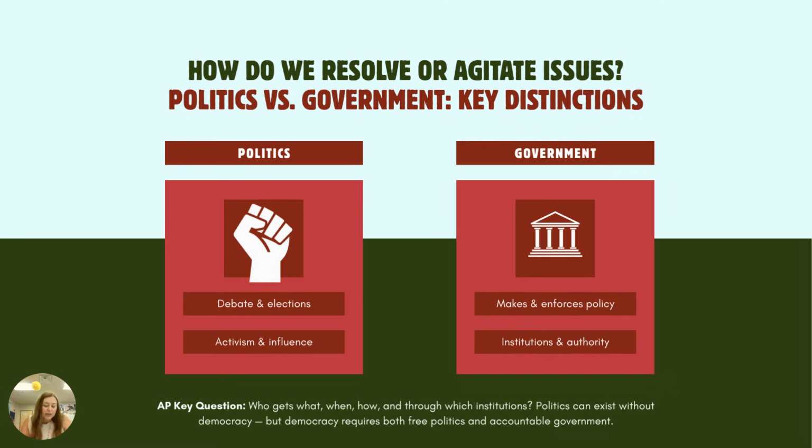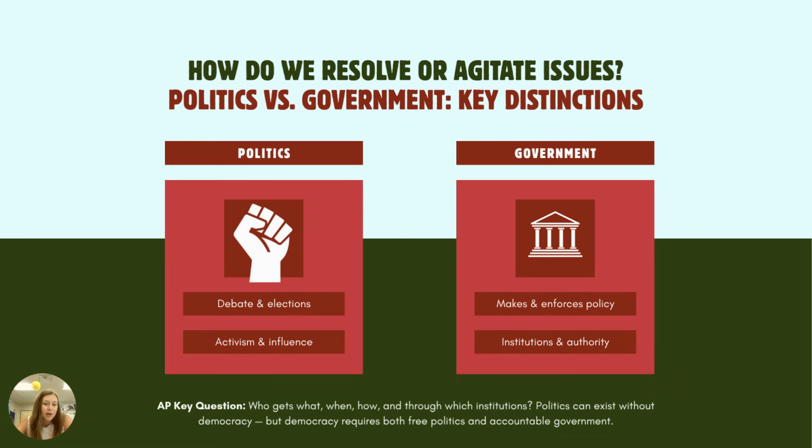Now, can you have politics without democratic government? Yeah. I mean, other forms of government do have politics. But if we want to have a government that represents the people, politics and government have to be very tightly connected in a way that they wouldn't necessarily be in non-democratic institutions, right?